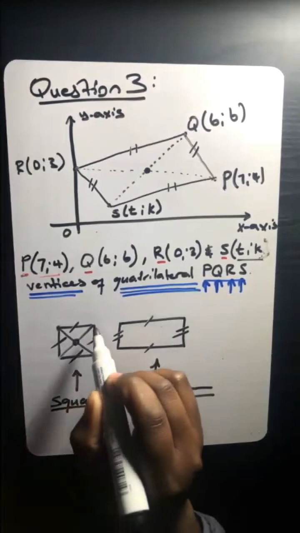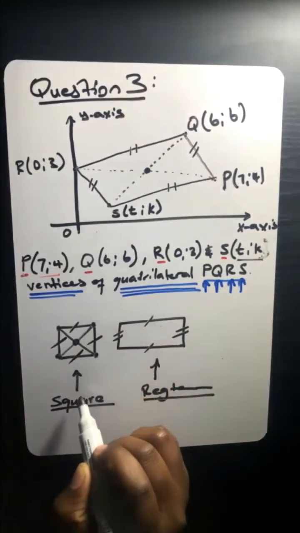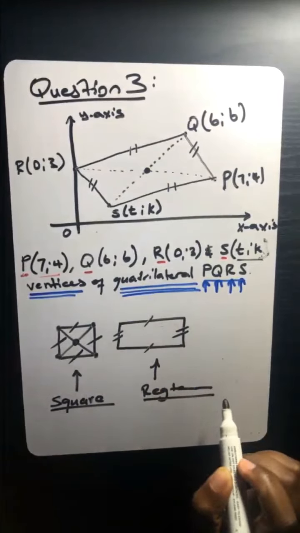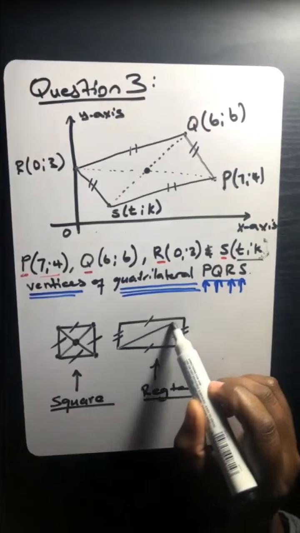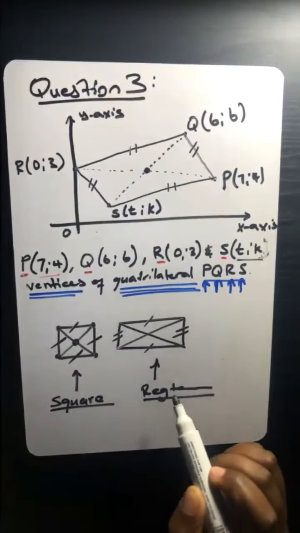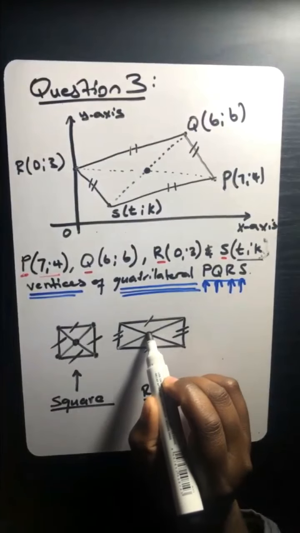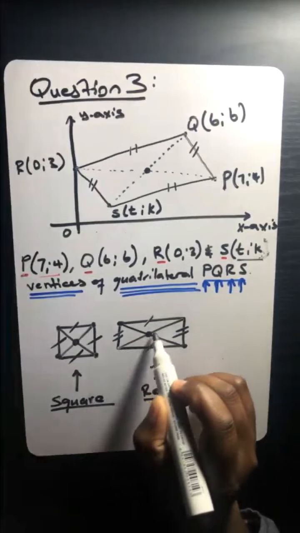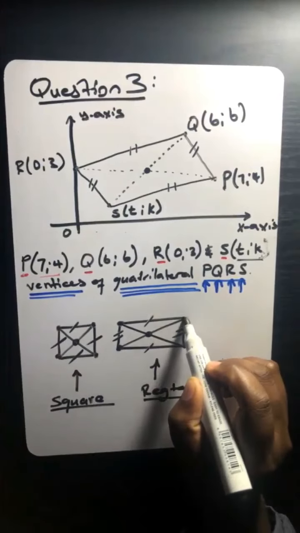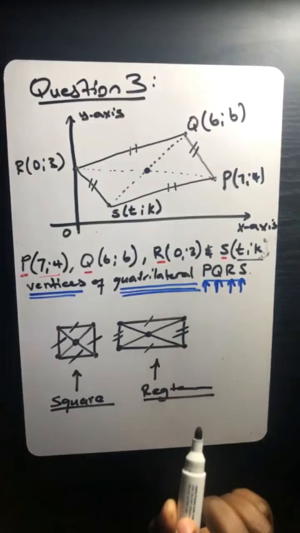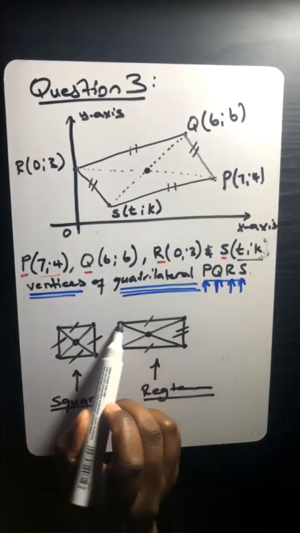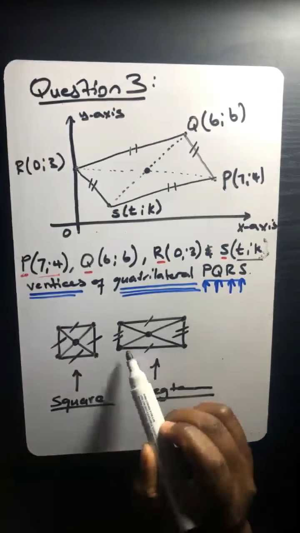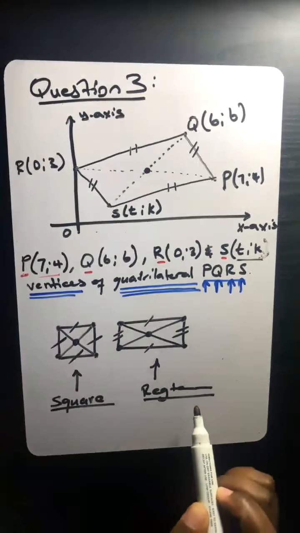This again is the midpoint of that point and that point. In the case of a rectangle, if you do that, it means this is the midpoint of that line and that line. And again, this is the midpoint of that line and that line. And most importantly, the lengths or distances of that line and that line are equal.